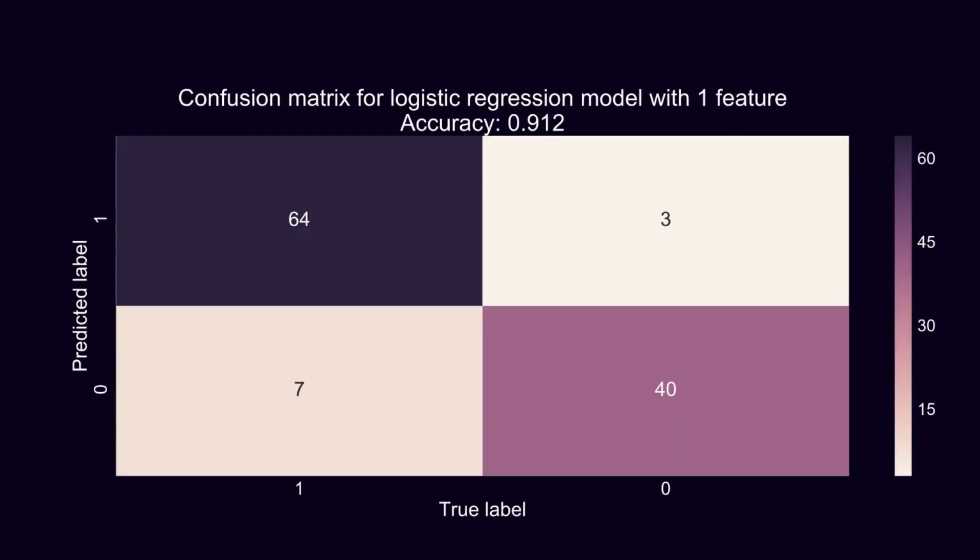This observation is confirmed by the confusion matrix, which shows that our model has classified 7 benign tumors as malignant, that is, as false negatives, and 3 malignant tumors as benign, that is, as false positives. Accuracy is 0.912, which still leaves room for improvement.